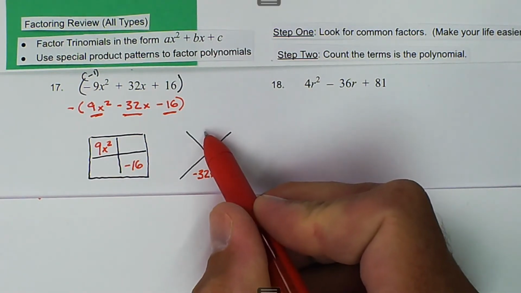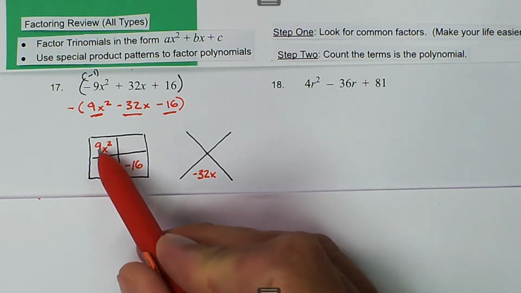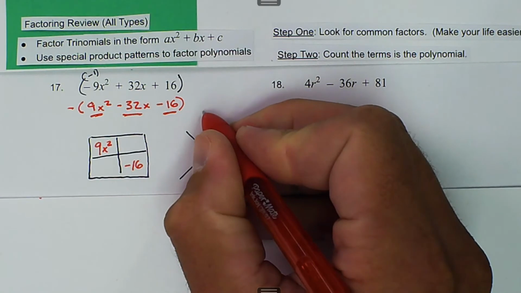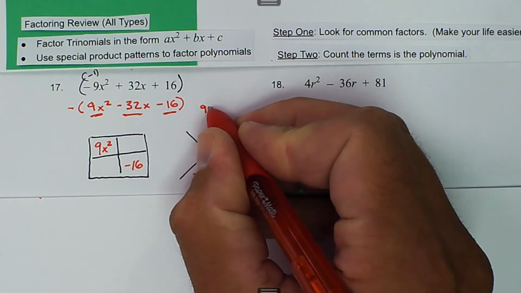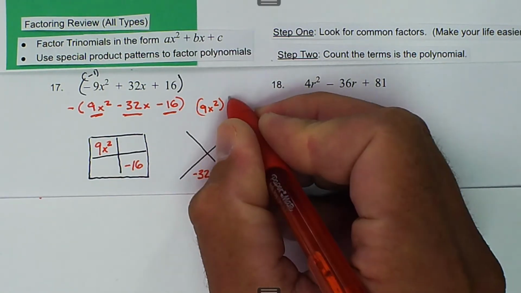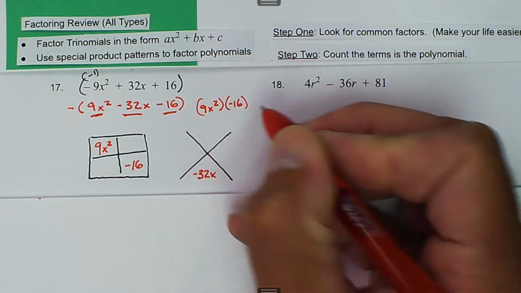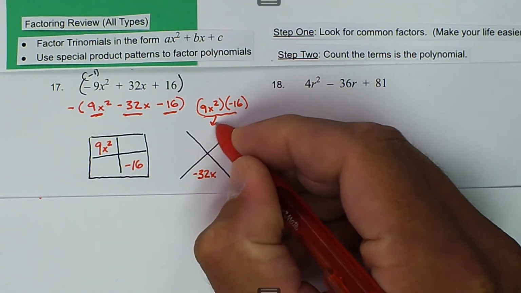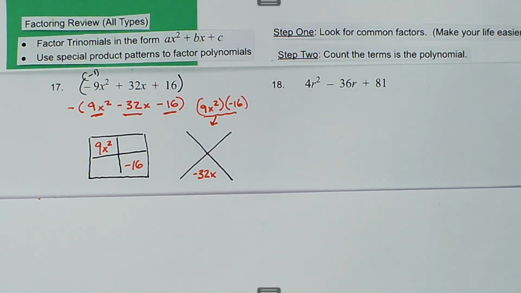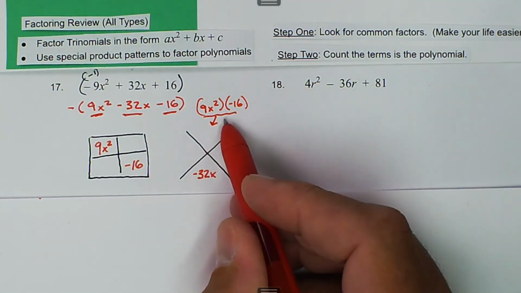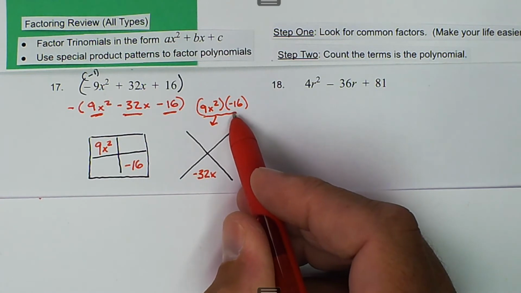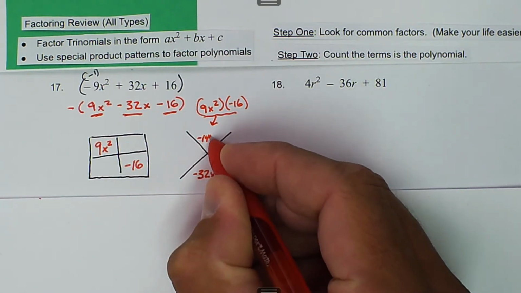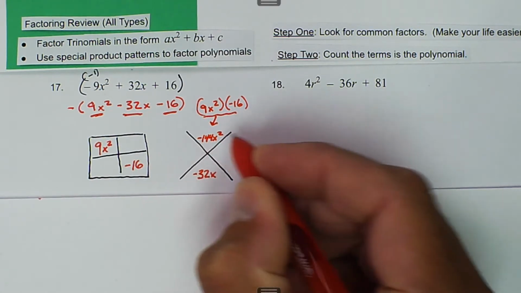Now, what goes in the top of the X are the numbers that you wrote over here on the left. So we're going to say 9x squared times negative 16, and that product is going to go in the top of the X. So 9x squared multiplied by negative 16 is negative 144x squared.